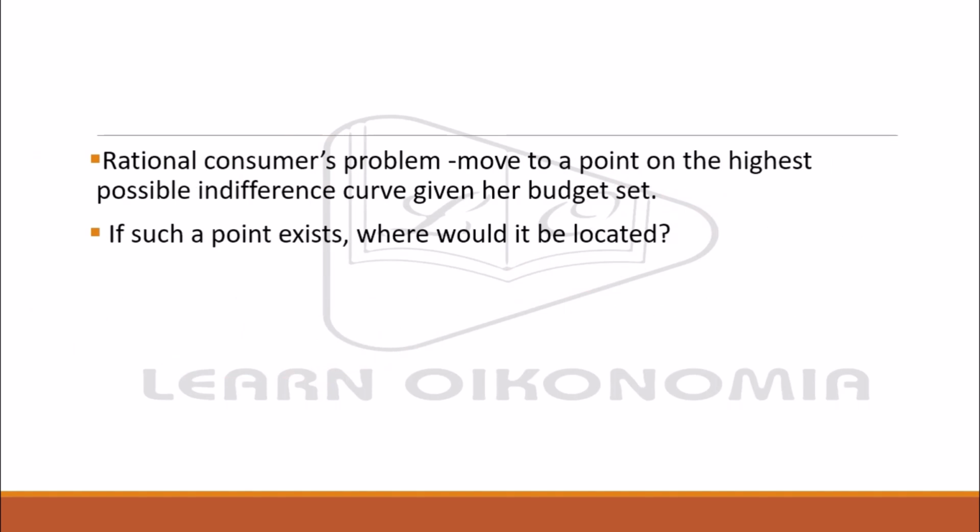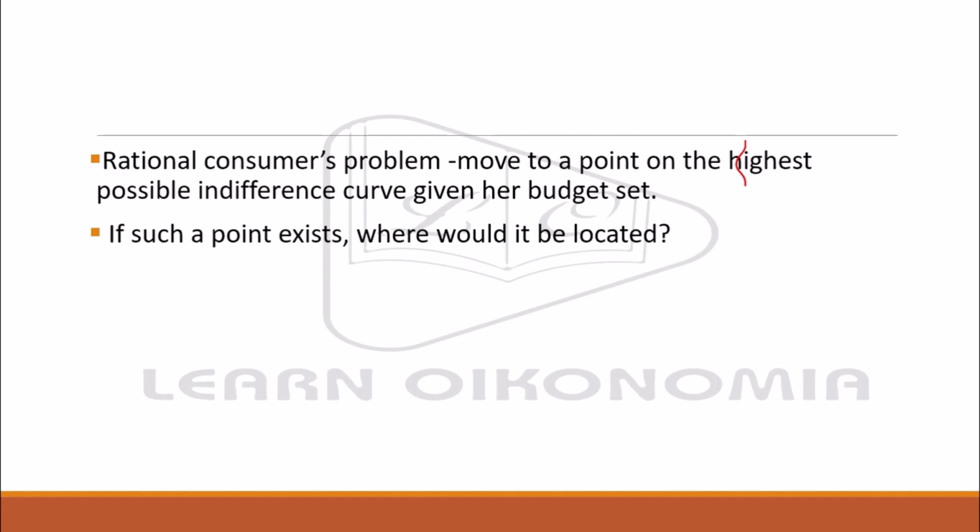So when it comes to a rational consumer's problem, a consumer who wishes to maximize his utility from consuming the commodities will be moving to a point on the highest possible IC. So this is very important. Why?